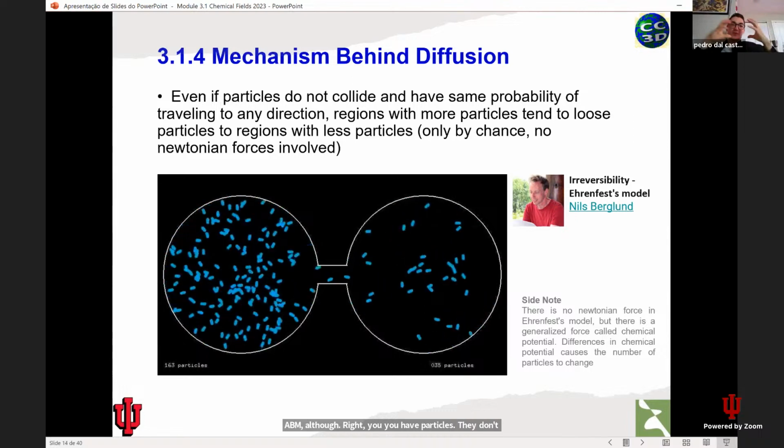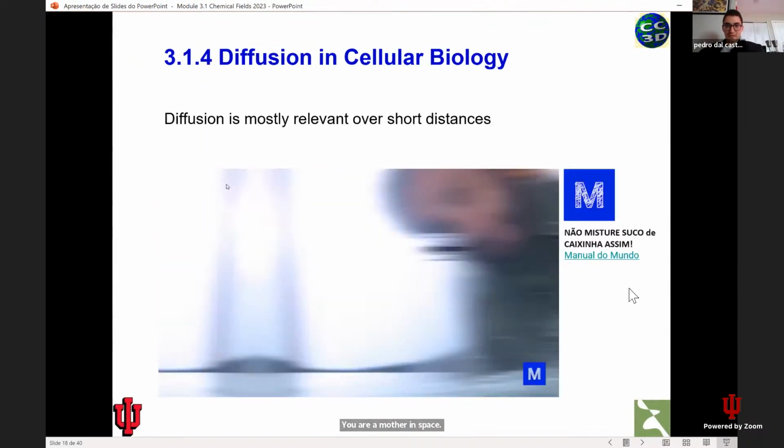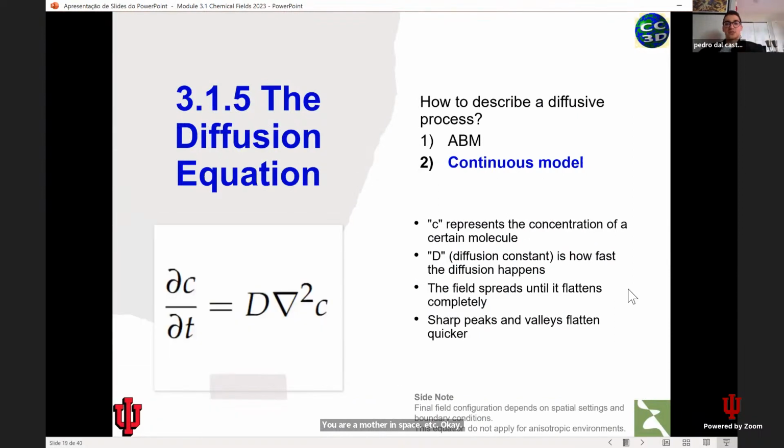You are modeling space, etc. Or you can model it continuously. In the continuous approach, we use the diffusion equation. There are other equations, but this is the useful one, okay? The other ones are too advanced.